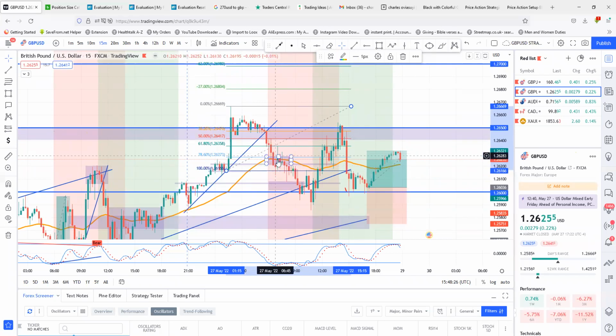Look at that, price overextended. And then this was a massive extension to the downside. All of this was heavy extension. So a lot of people blew their account on Friday. All the money they made throughout the week, they lost on Friday because they don't understand this.